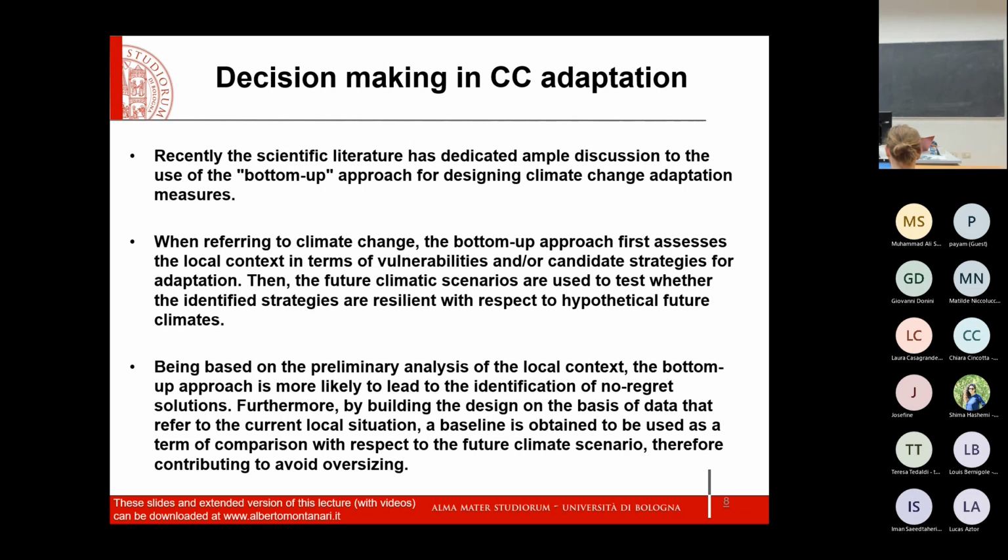Then, once strategies have been identified, we can consider climate scenarios. And the question is, to what extent do these strategies also help in contrasting future climate change? And what solution may be possible to update these strategies in the future, or to update these strategies now while keeping the actions doable in order to get prepared for what the climate scenarios depict for the future?